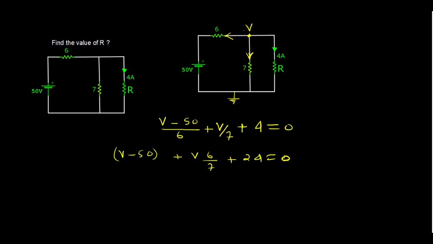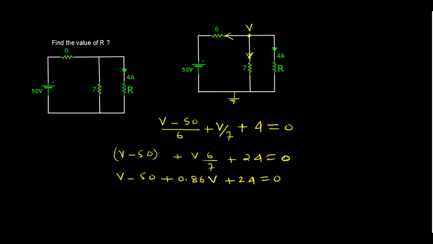Now if we expand it, V minus 50 plus 0.86 V plus 24 equals 0.